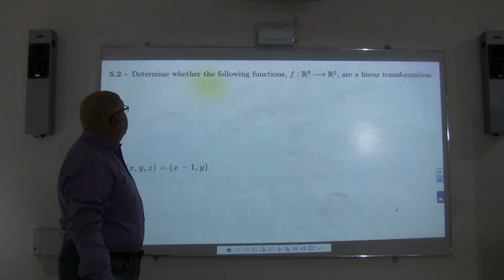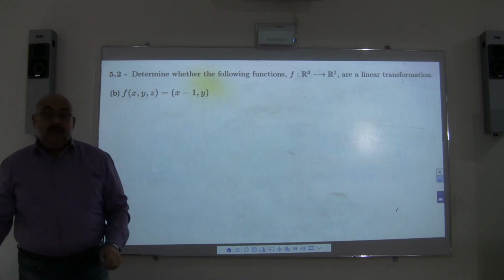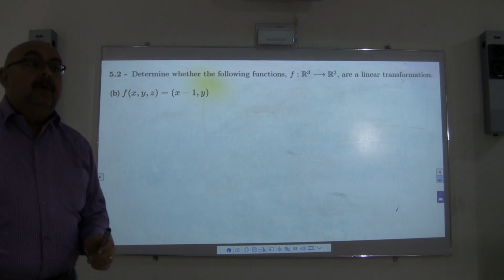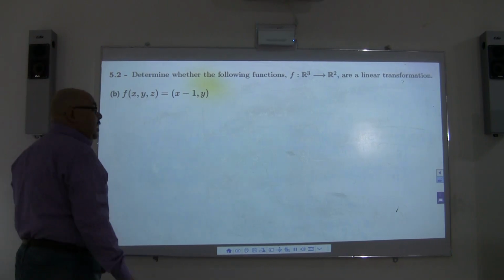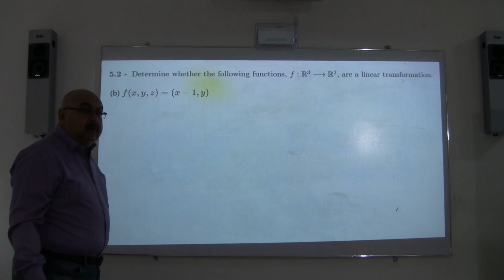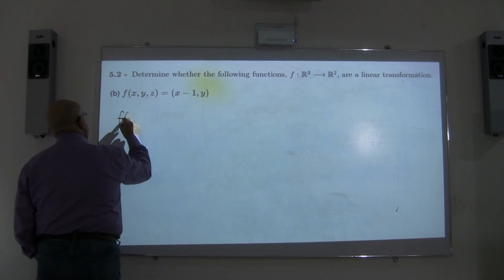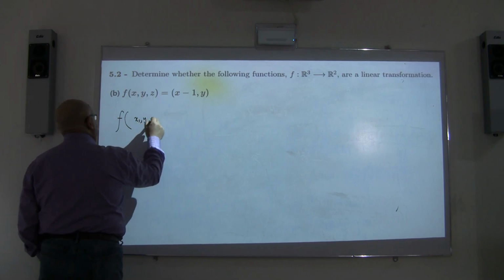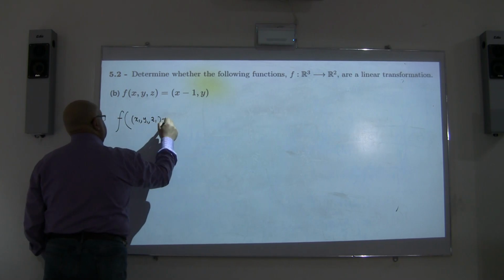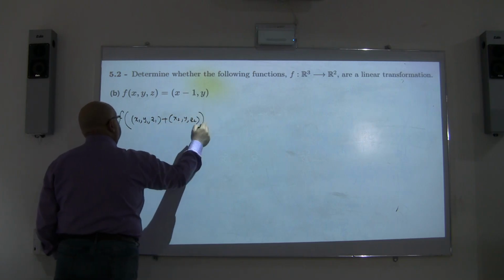Okay, let's try it once more on the function x minus 1 and y. Who will do it with me? Team, work with me. I want to check the additivity, how do I do it? Very easy. I take a function of the first vector x1, y1, z1 plus the second vector x2, y2, z2.